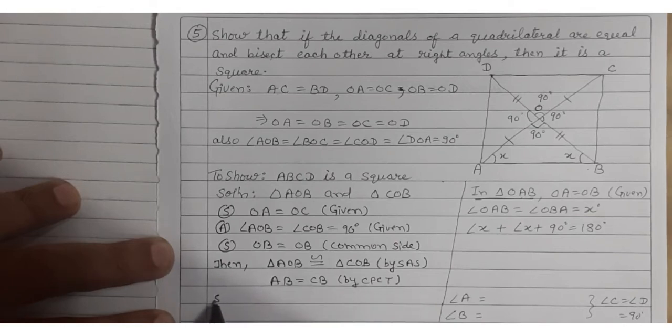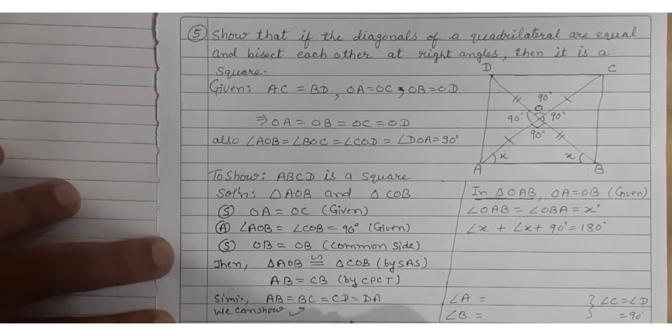Similarly, you can show all four sides equal. AB is equal to BC is equal to CD is equal to DA.